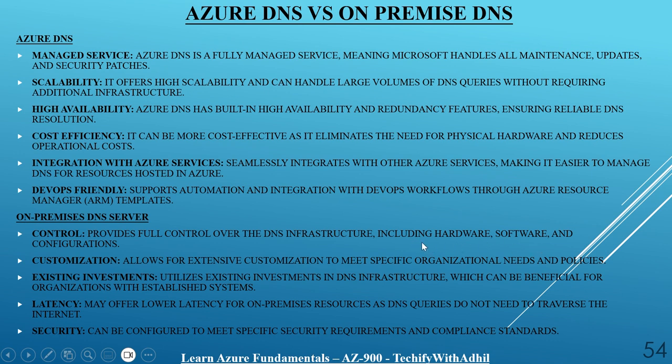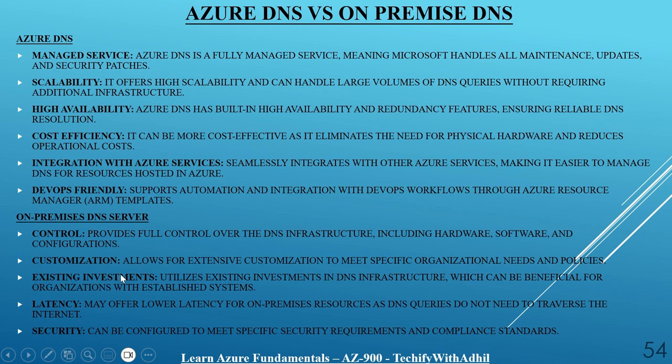Including software, hardware, and configuration, everything, we have full control over the on-prem DNS server. So it allows for extensive customization, because we have everything in control. Whatever policies we need, we can customize in the DNS server.